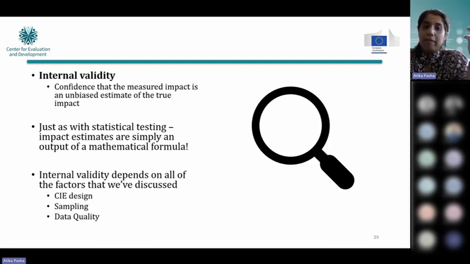So these are all factors that are internal to your design and compromise the validity of your evaluation. Internal validity is something that you have to be confident about. And if there are issues in it, you need to talk about them and ensure that your results are not biased or incorrect.